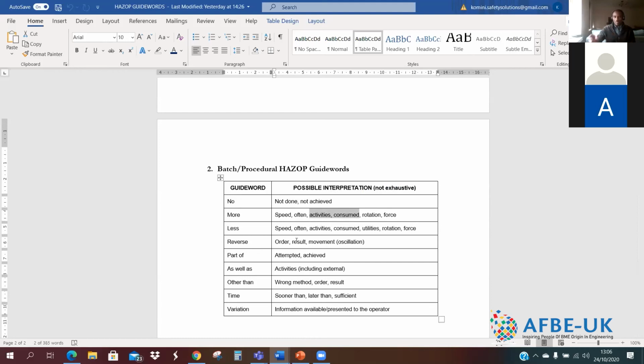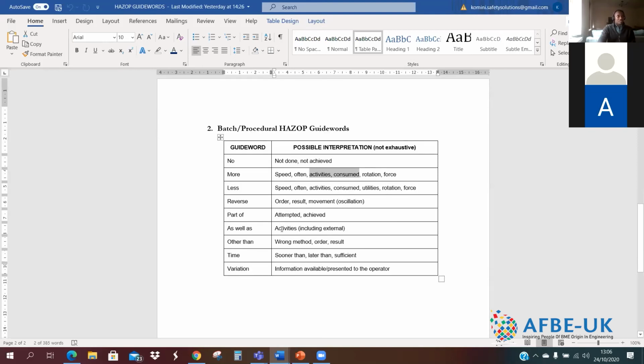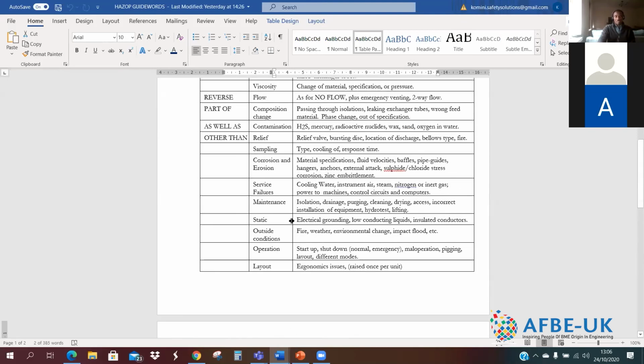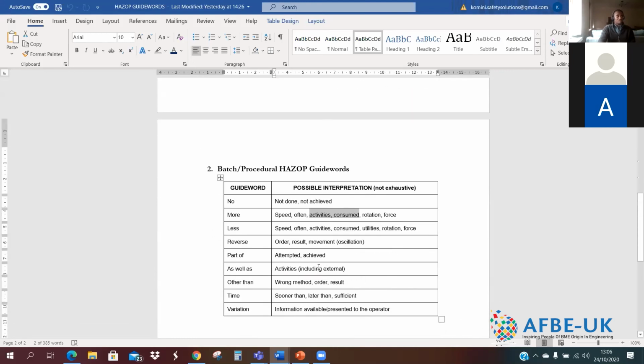And you're saying more of that, less of that, too quick, too slow, reverse flow. Some of the guide words here are repeated from the continuous HAZOP ones. So you can mix and match these guide words, but with a different way of applying them for the batch HAZOPs.